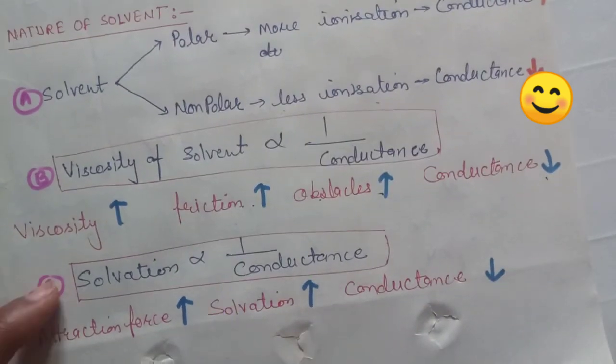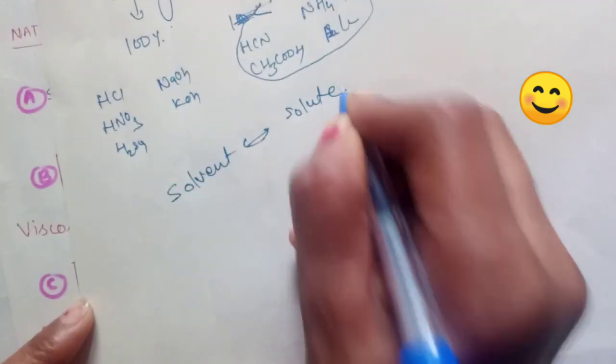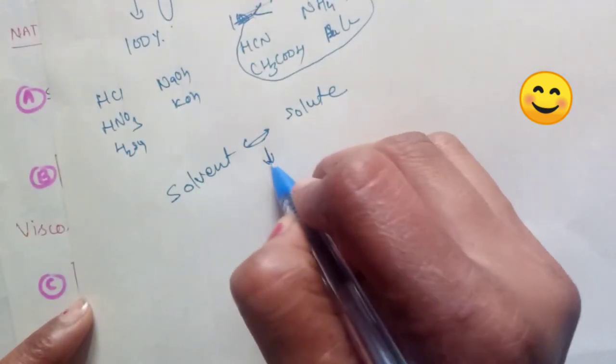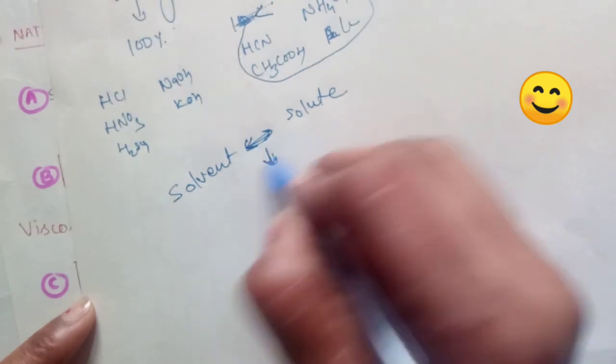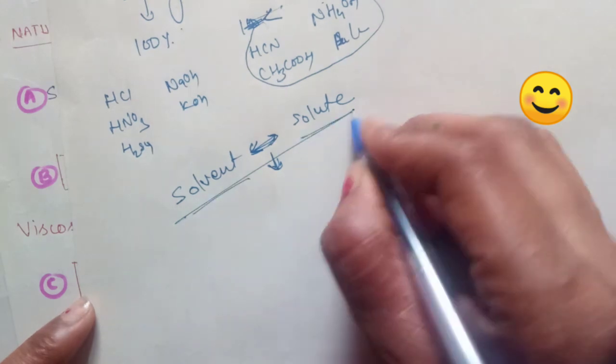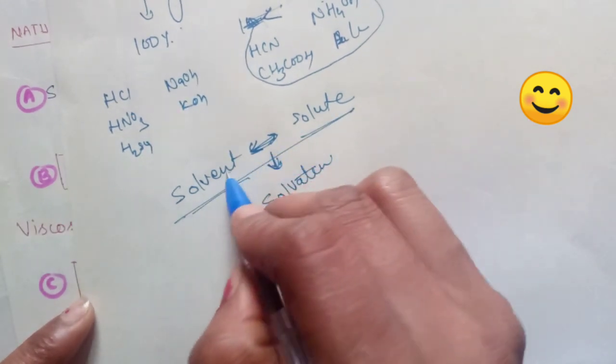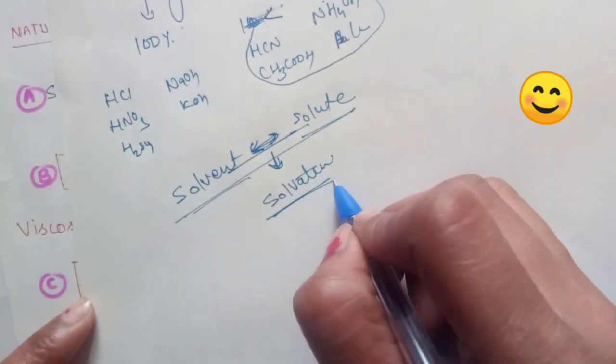Solvation. Solvation means the interaction between solvent and solute. The attraction forces between solute and solvent are known as solvation. More attraction forces, more solvation.